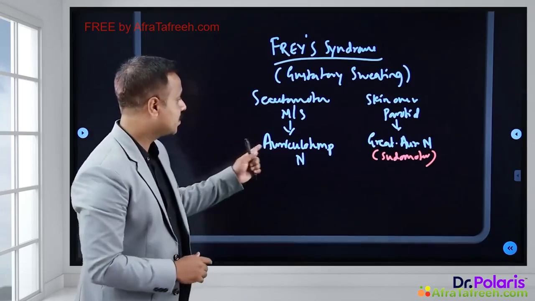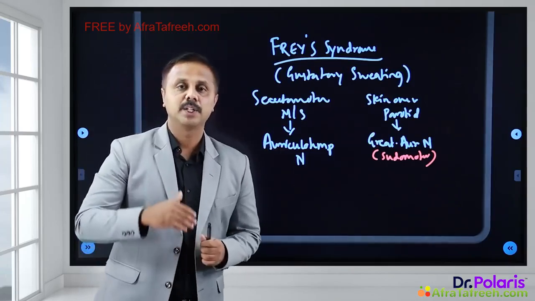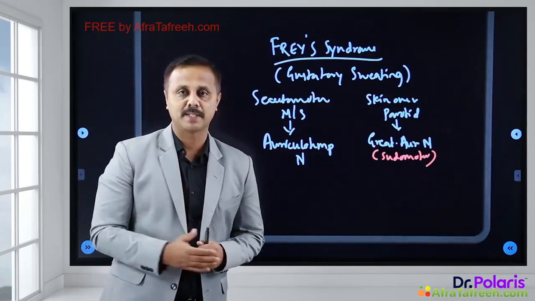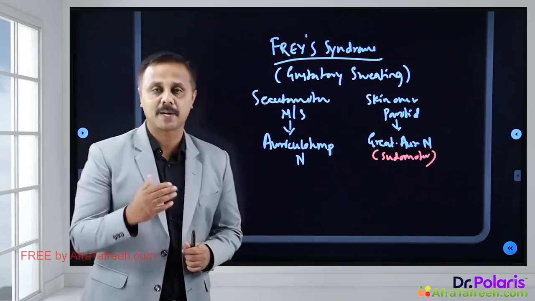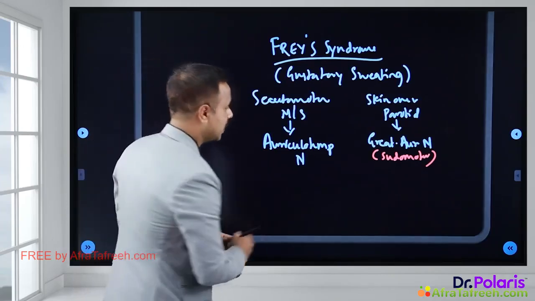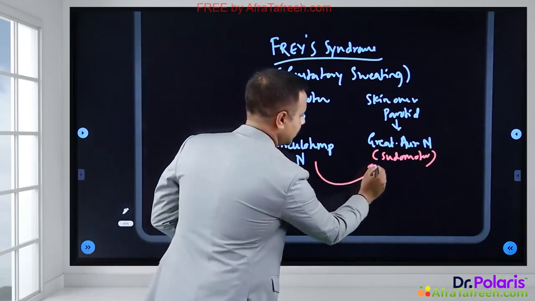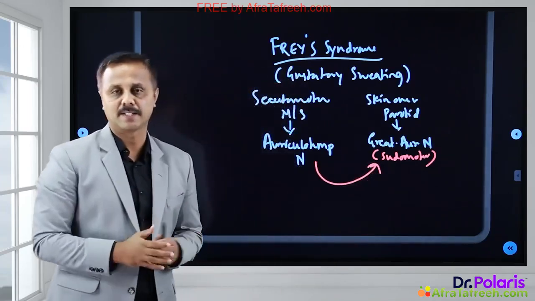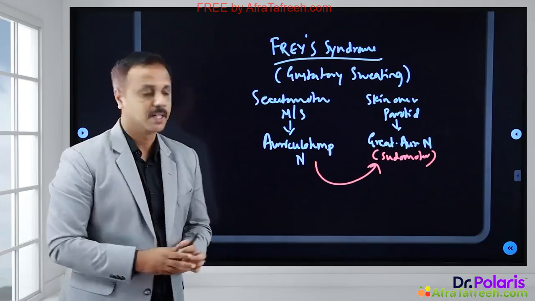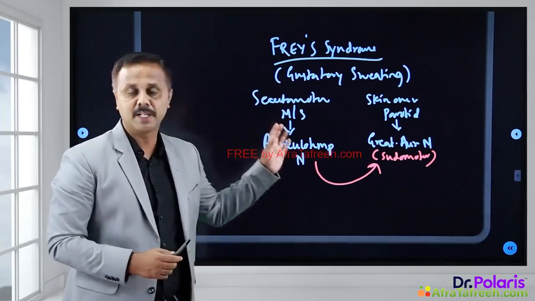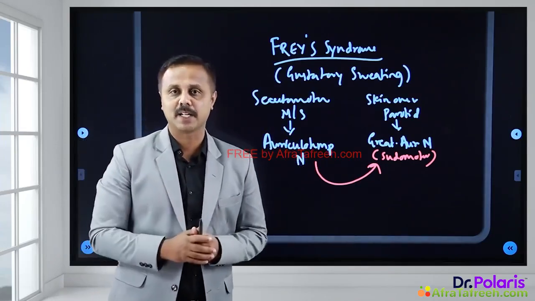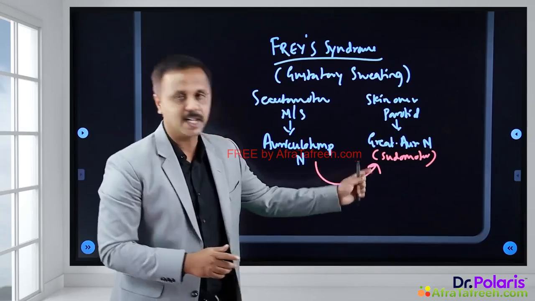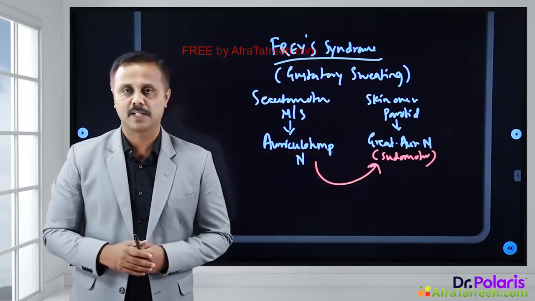In case of injury to the auriculotemporal nerve, during regeneration, some of the fibers that are destined to go towards the parotid gland instead go towards the pseudomotor glands, that is, sweat glands. So, secretomotor fibers from the inferior salivatory nucleus, instead of innervating the parotid gland, innervate the sweat glands supplied by the greater auricular nerve.